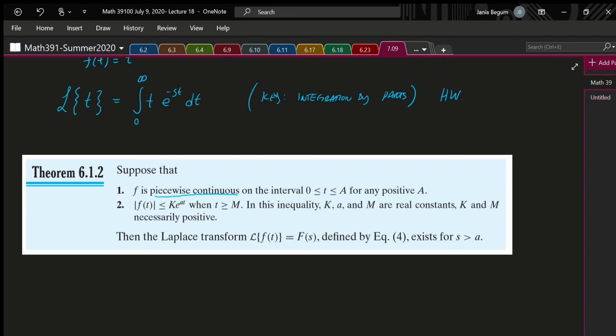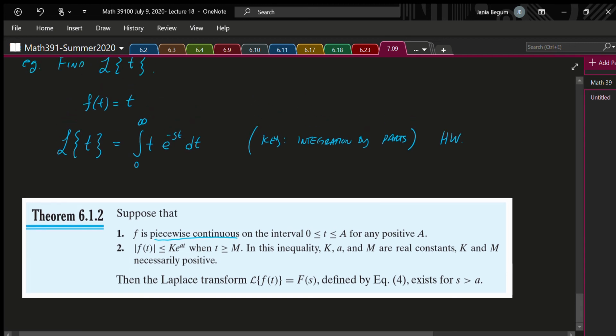Then the second condition: the absolute value of f is less than or equal to some k times e to the at, where t is greater than or equal to m. In this inequality, a, k, m are real constants, and m and k are positive. Okay, so that's important. Then the Laplace transform of this function is F of s, defined by equation 4, which I gave you in the definition right here.